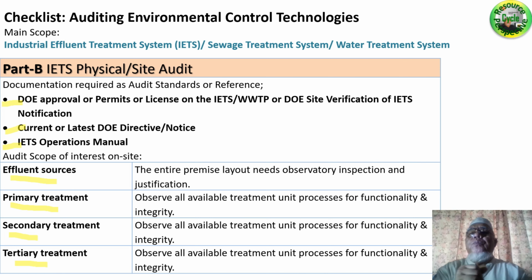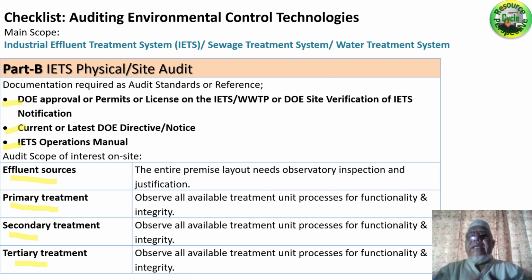Listen to this. All pollution control equipment in Malaysia are regulated under the Environmental Quality Act. In other words, the equipment is technical. The technicalities is part of the legal document or criteria.